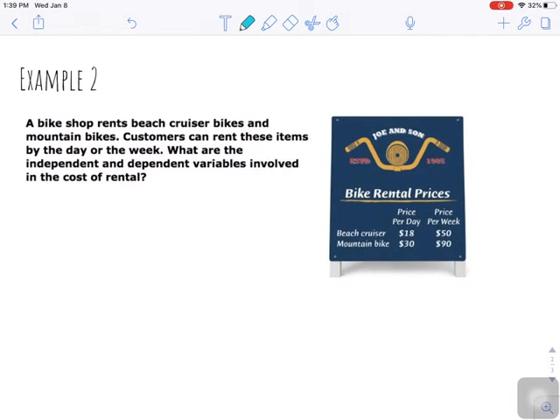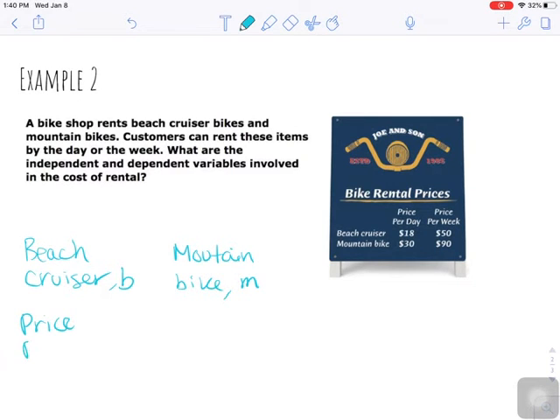So number 1, we have the beach cruiser bike. We can use this as B. We have the mountain bike. We also have the price per day. Can use the variable D for this one.